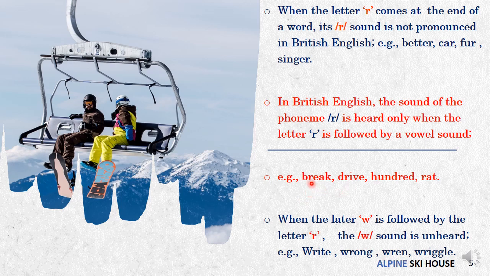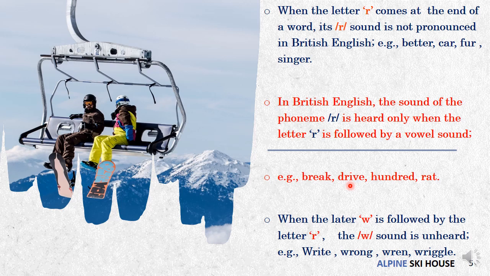When I say break, after R, I am saying a vowel. When I am saying drive, after R, it's a vowel sound. So break, drive, red, rat. The R sound is heard.